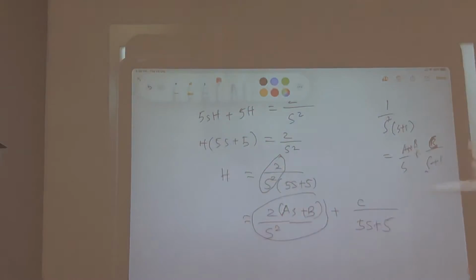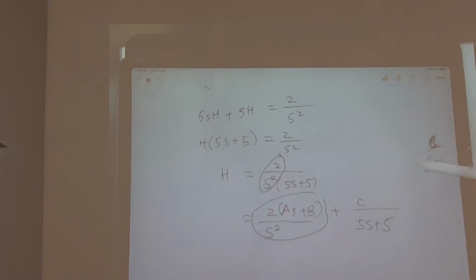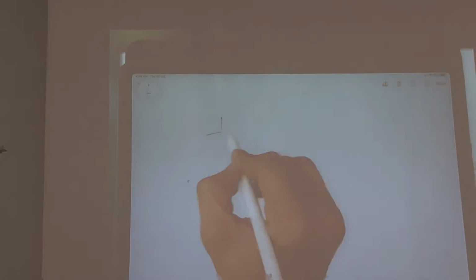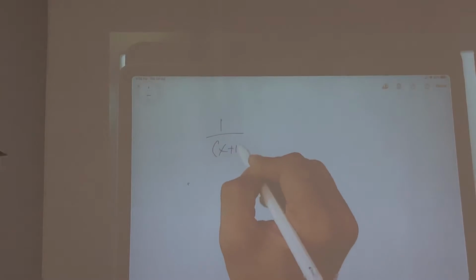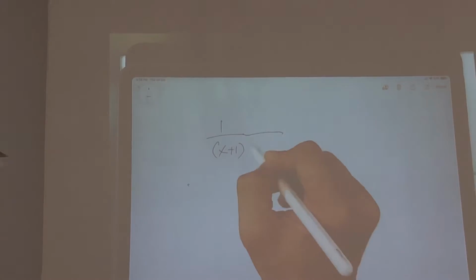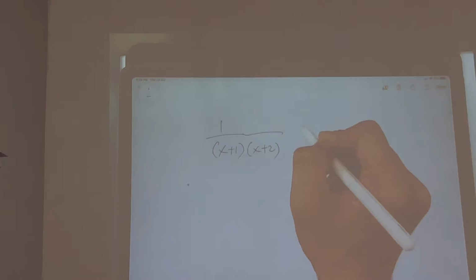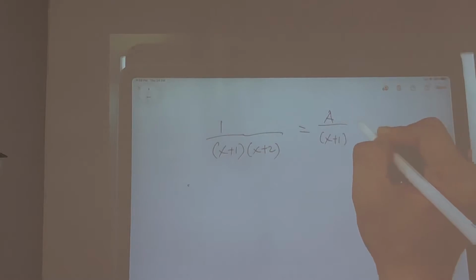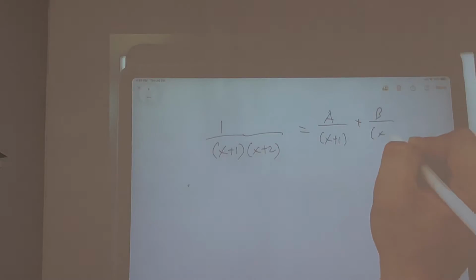Do I need to repeat this part? Okay, let me repeat that. Last time when you all learned about partial fractions, if I got 1 over x plus 1 times x plus 2, I will have a divided by x plus 1 plus b divided by x plus 2, correct?